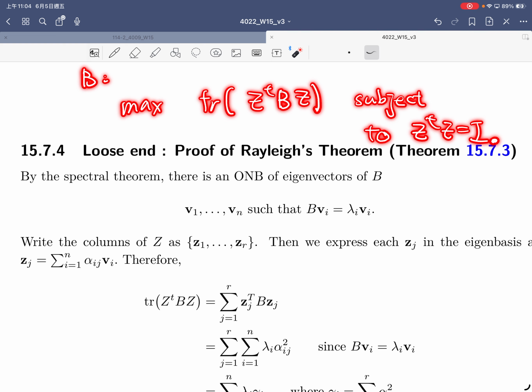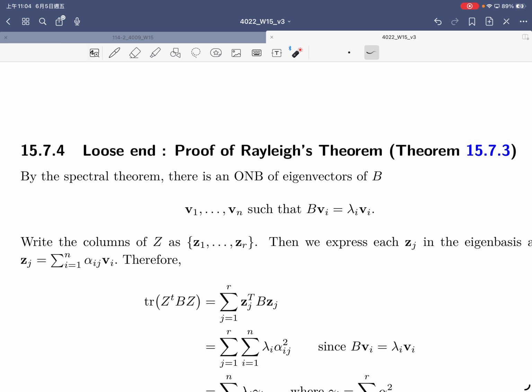B in the beginning is a positive semi-definite symmetric matrix. So in particular, symmetric, so we can start with an orthonormal basis of eigenvectors of this matrix B. I call it phi 1 up to phi n.